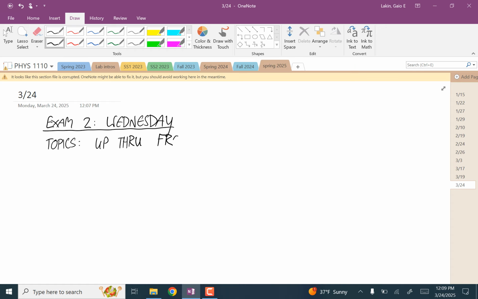So up through free body diagrams. And so that is the assignment that you worked on from Wednesday. I'll do a couple more examples of just free body diagram problems.